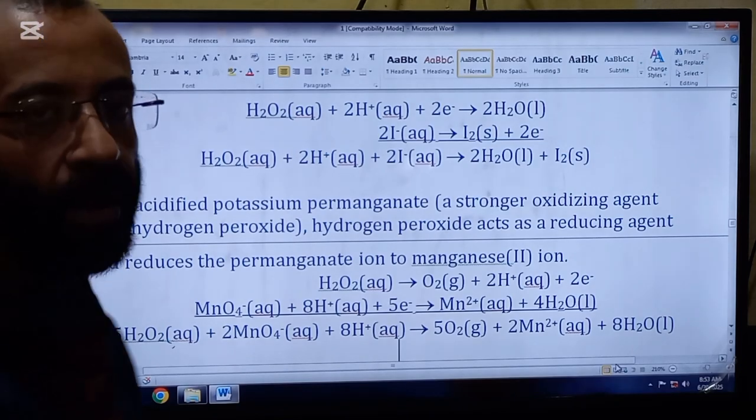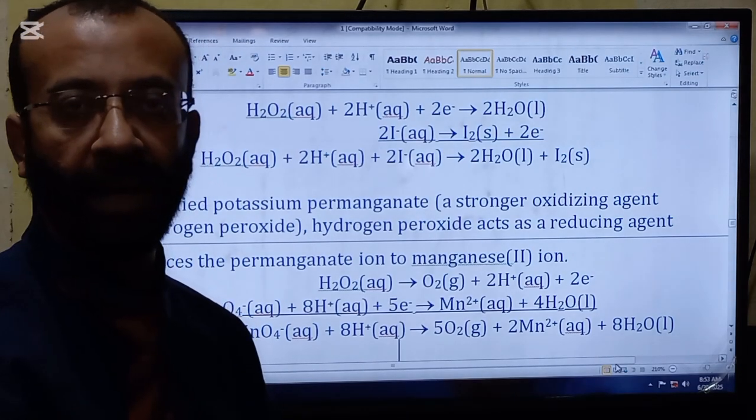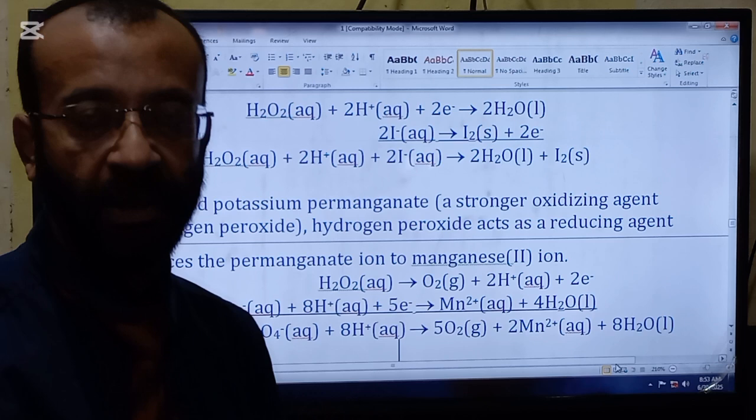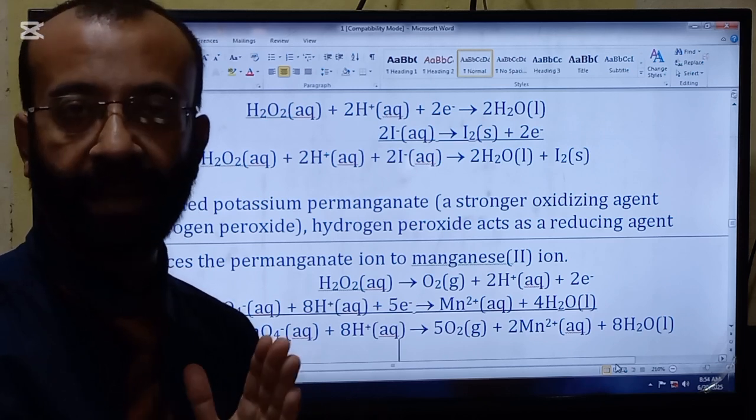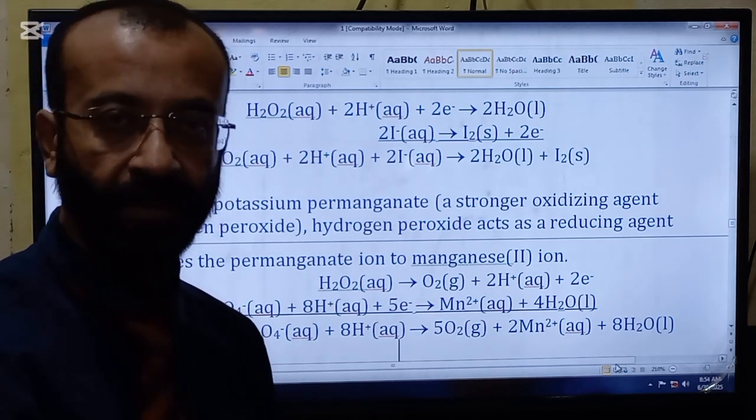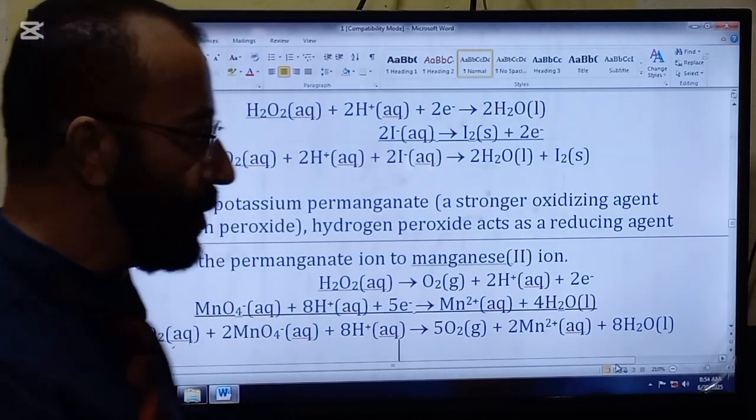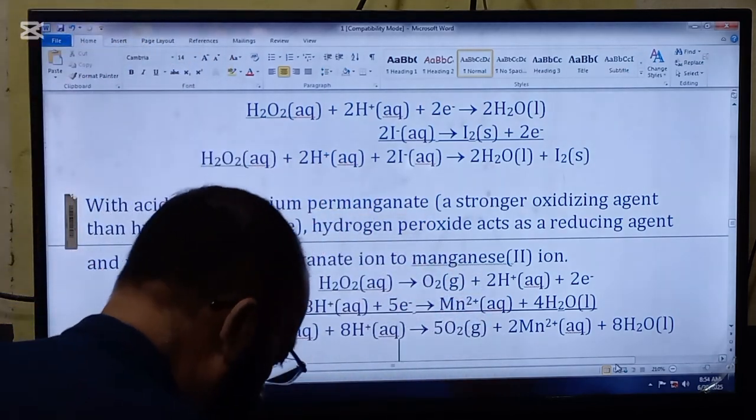So hydrogen peroxide and sulfur dioxide are two very special substances which act as oxidizing as well as reducing agents. So you have to learn these examples.